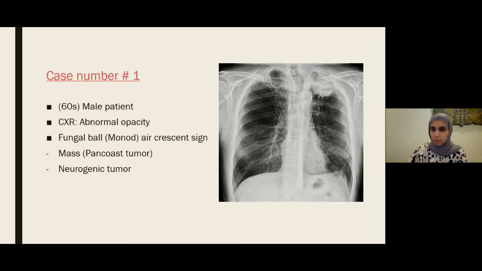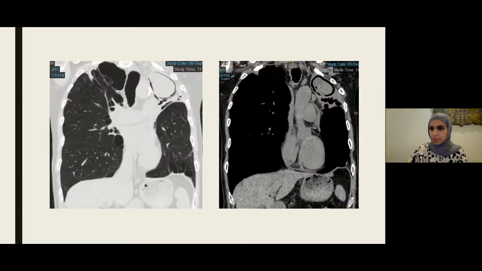A CT scan was performed and confirmed the presence of a fungal ball within a pre-existing cavity, which shows multiple calcifications, associated with bronchiectasis, atelectasis, volume loss, the trachea being shifted to the left side, as well as regional emphysema.